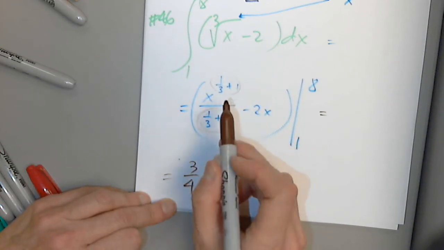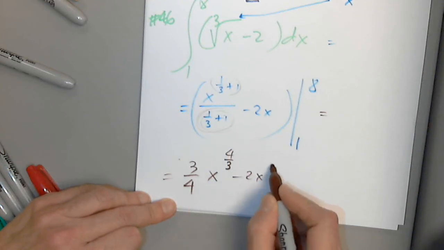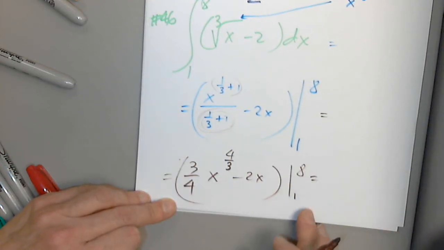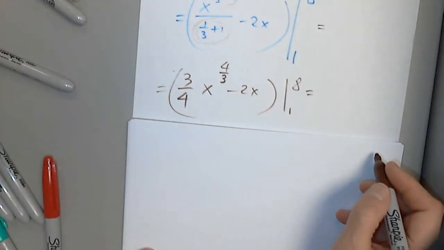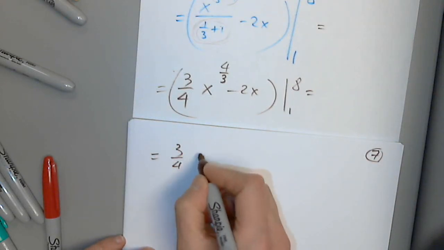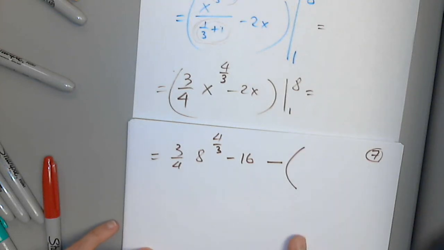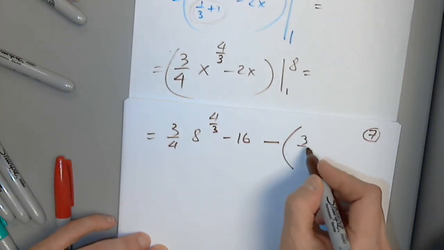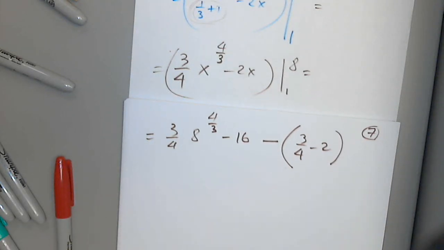And the numerator will have the power x to 4/3 minus 2x from 1 to 8. So I plug it in. 3/4, 8 to 4/3 minus 16 minus parentheses so I don't forget to distribute. 3/4 minus 2. Before we calculate anything, let me know if this is okay. Is this okay?